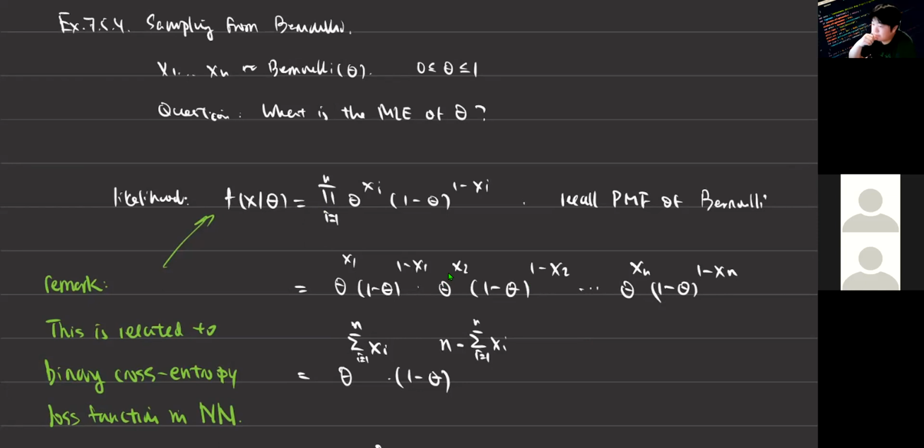Because when we're doing loss functions, we're trying to minimize it, right? But here it is maximum likelihood, so we are going to maximize the likelihood function. What is the difference between them? Yeah, that's a good question.